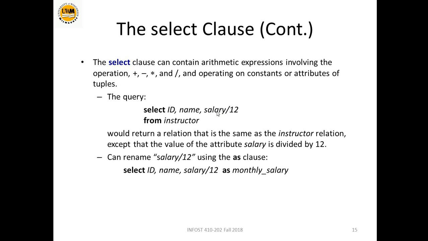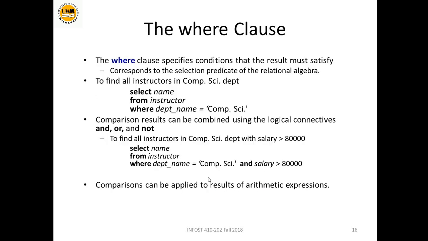We can provide a name or a heading for the column salary by using the as clause. We use as monthly salary. So in the result, it will show 3 columns, one headed ID, one headed name, and one headed monthly salary that contains the monthly salary for each instructor.